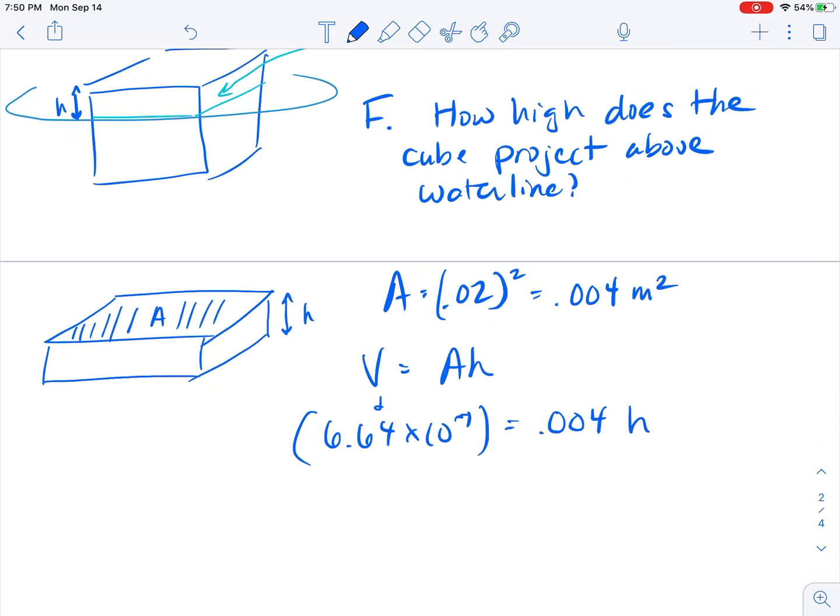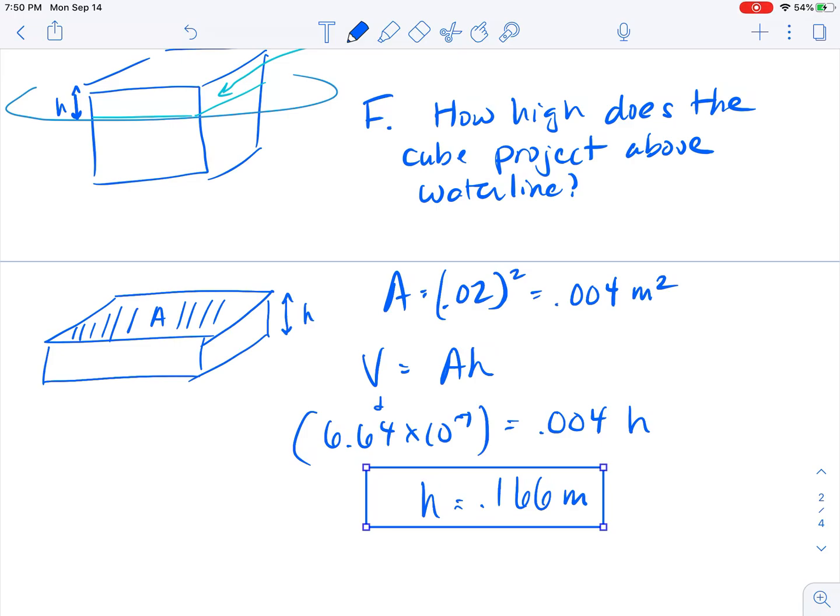I can solve for height by dividing. And when I solve for height, I get that the height that sticks up is 0.166 meters. Okay, so that's an example.